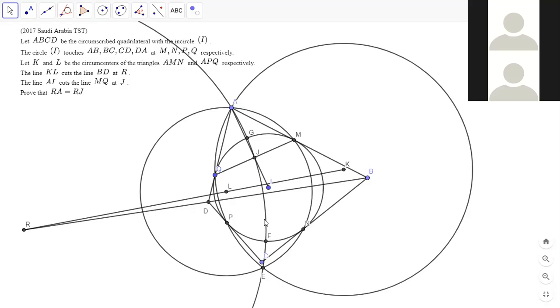See, so RJ. Okay, so we want to show KL passes through the circumcenter of AJE.